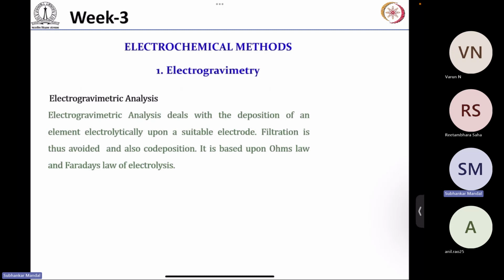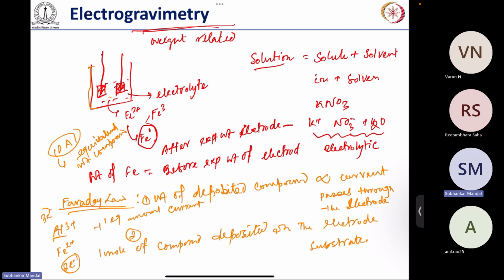We have discussed the electrochemical methods, basically electrogravimetry, where you have the electrochemical cell, which I have shown in the video. You have taken the electrolyte, and you have put two electrodes in, and these leads are connected to the potentiostat, as I have shown in the video. There it is a three electrode setup, but when you do electrogravimetry, you can use two electrodes.